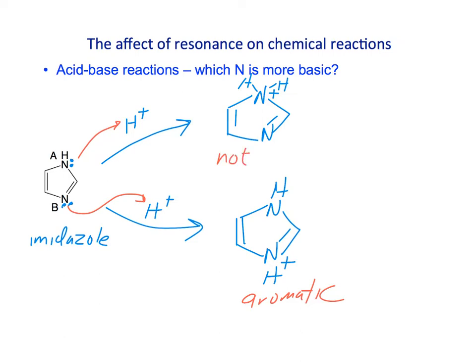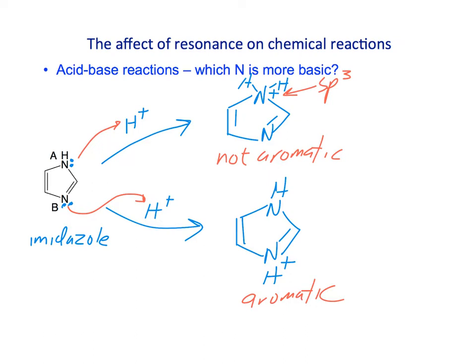No. Why not? Right, because this nitrogen now has a complete octet of electrons. It has to be sp3 hybridized. It has 4 sigma bonds. Okay, and when we have a pi system that's interrupted by an sp3 hybridized atom, it cannot be aromatic.